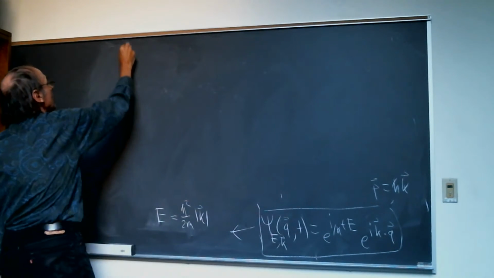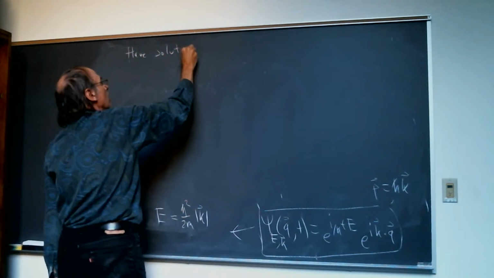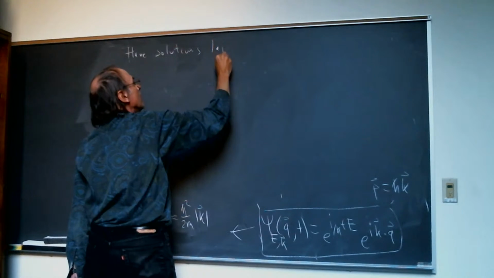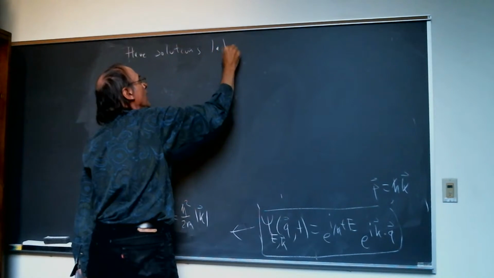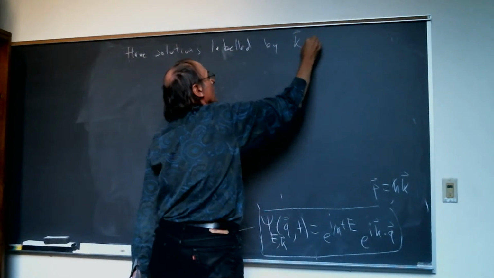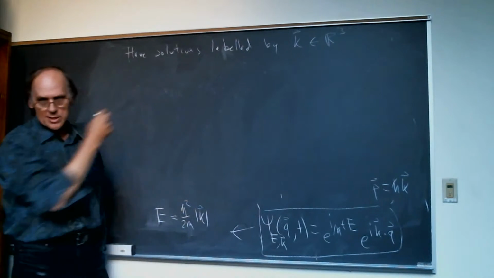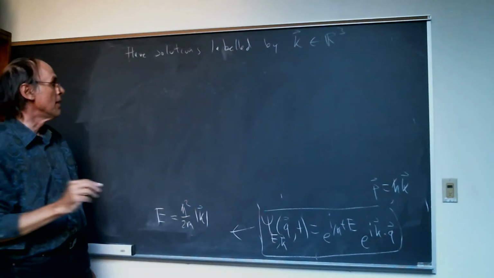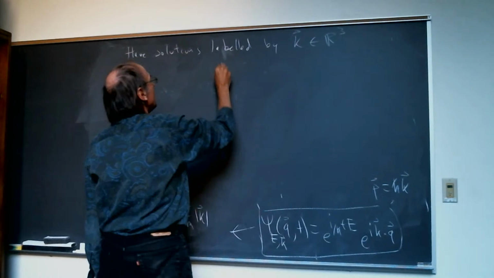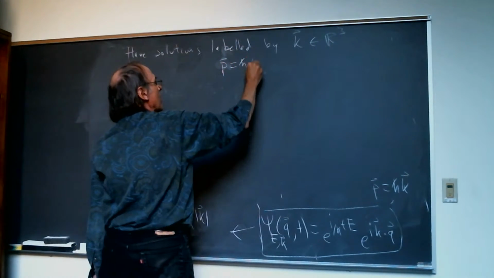So you have solutions labeled by k vector. It's essentially the momentum, the P vector. So P vector is equal to h bar k vector.